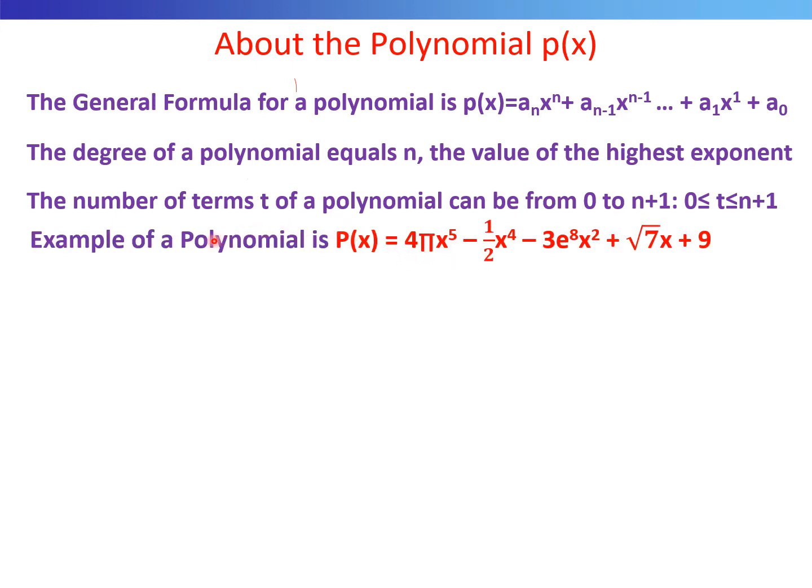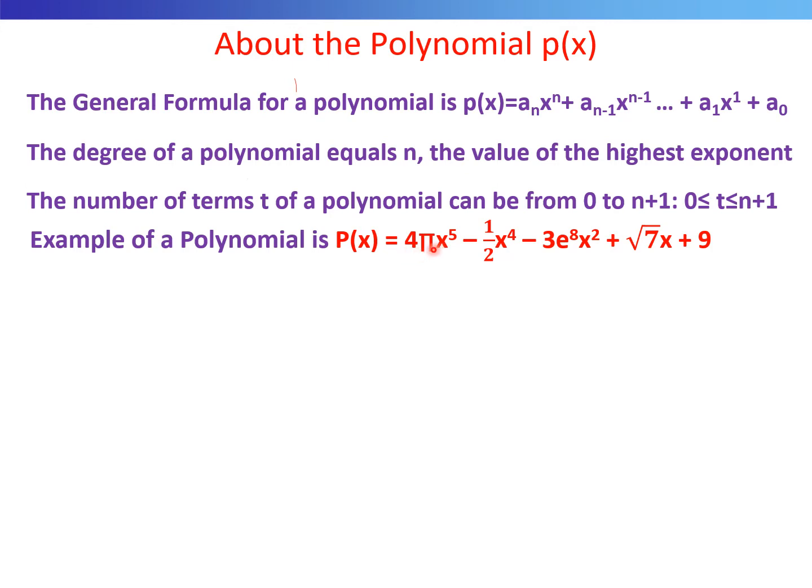An example of a polynomial is as follows: p of x equal to 4 pi x to the power 5 minus 1 half x to the power 4 minus 3 e to the power 8 x squared plus square root of 7 x plus 9. What is interesting is the following. We start from the first term, 4 multiplied by pi multiplied by x to the power 5.